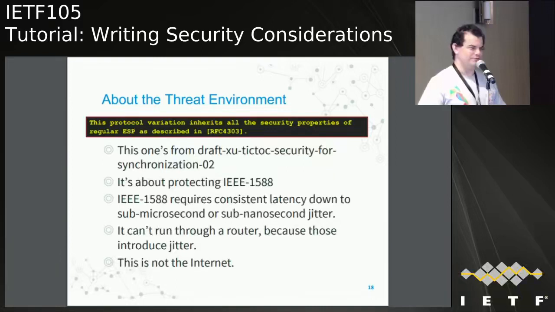It only goes through special switches that have constant latency. I said, okay, nowhere in the document does it say that. And this is not the internet. If you don't go through a router, you're not running on the internet. So if your environment is this different, yeah, you should say that in the security considerations. Everything related to a router is not relevant here because we don't use routers.